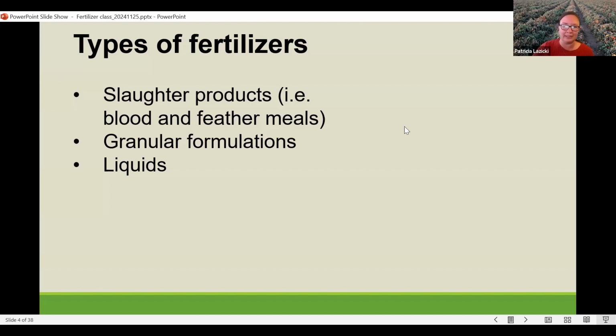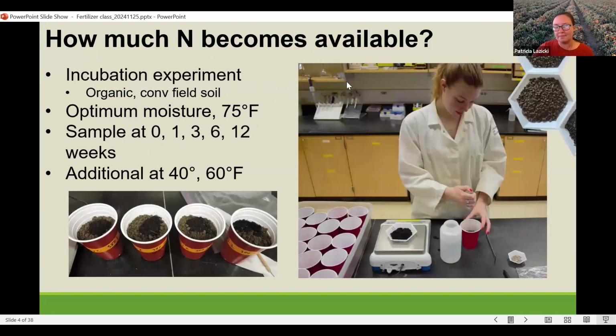and then finally liquids. And the numbers I'll be going over are from the same experiment that Margaret was talking about. So again, we incubated both in a soil from a long-term organic field and from a conventional field. And we were surprised to find that there wasn't that much difference, especially with the fertilizers in the mineralization.